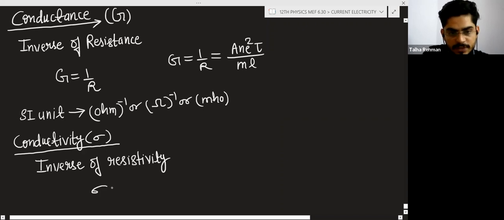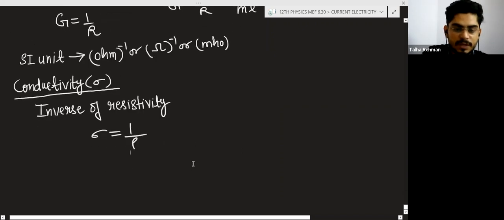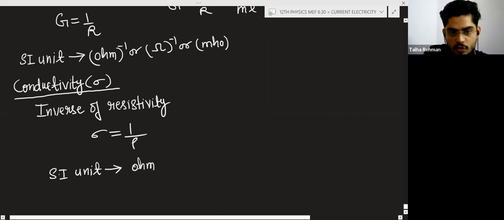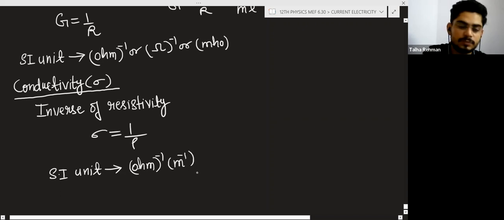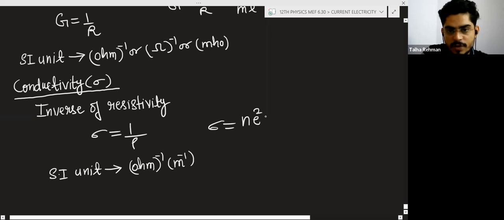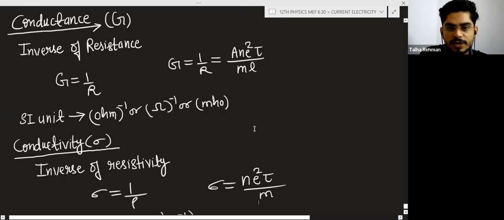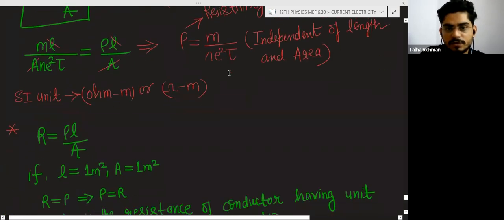So sigma is 1 by rho, where rho is the resistivity, and the SI unit of conductivity is ohm inverse meter inverse. In terms of n e square tau divided by m, it is the reverse of the earlier resistivity m upon n e square tau.